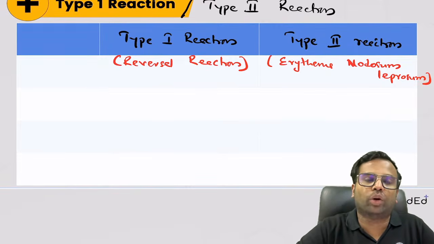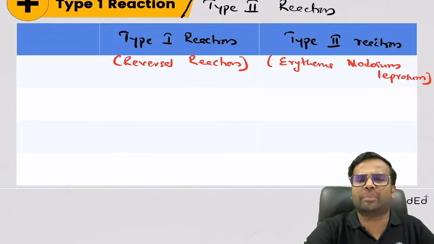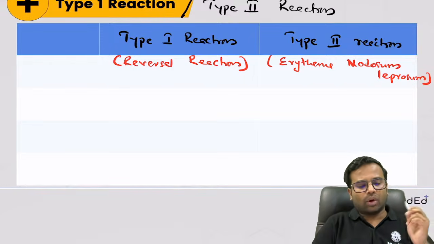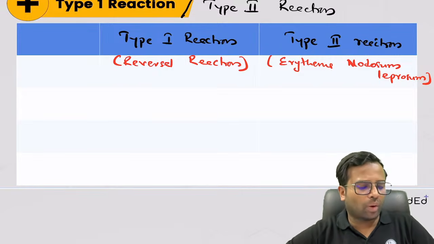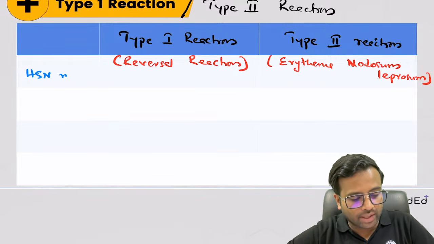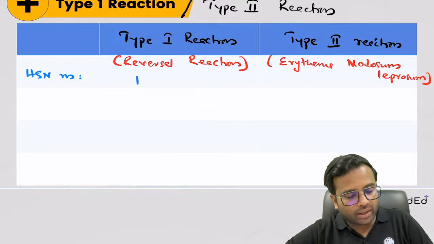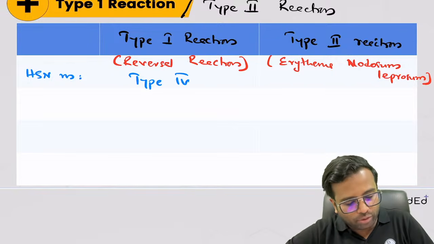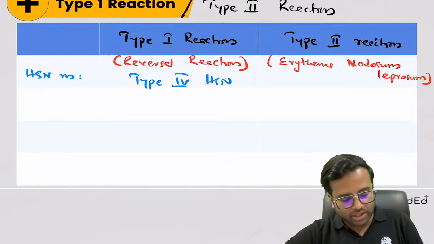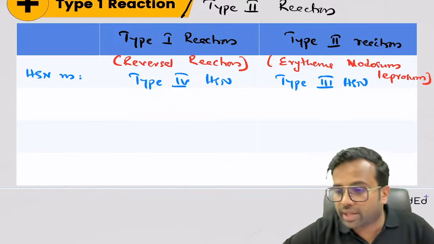Now, it's a very, very important table. So let's see how we differentiate, and it is easy to remember. It's just a one-time read. If you're talking about the immunological or hypersensitivity reaction that causes lepra reaction, type 1 is due to type 4 hypersensitivity, and type 2 lepra reaction is due to type 3 hypersensitivity reaction.